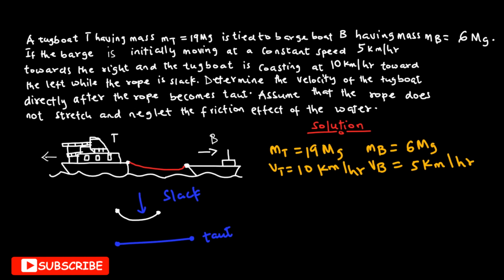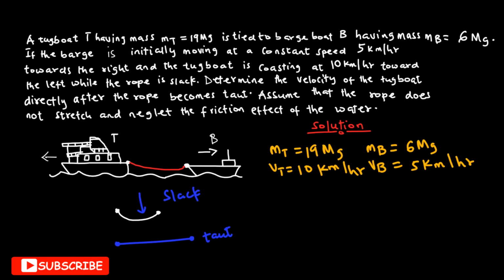Applying the principle of conservation of momentum, we know that the sum of the initial momentum should be equal to the sum of the final momentum. So you are going to calculate the momentum of the tugboat and that of the barge boat, then add them. That will be the initial momentum.